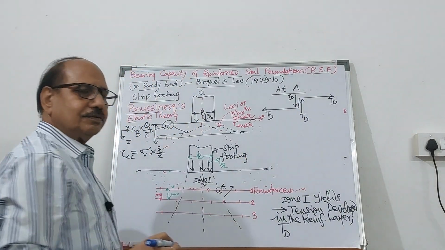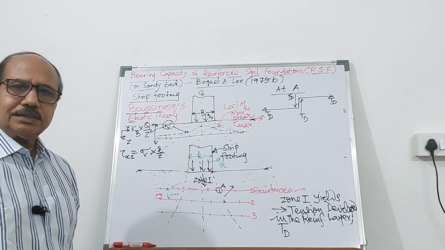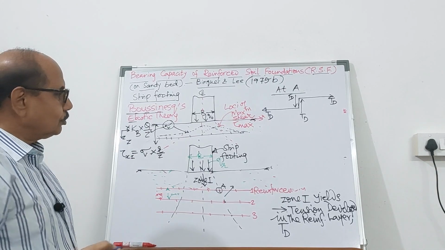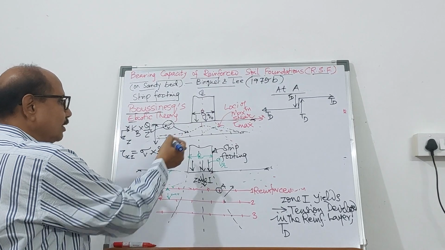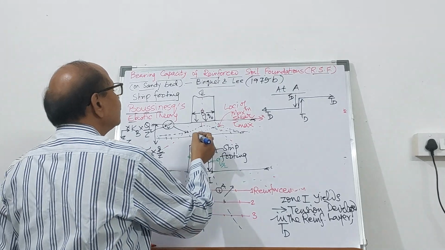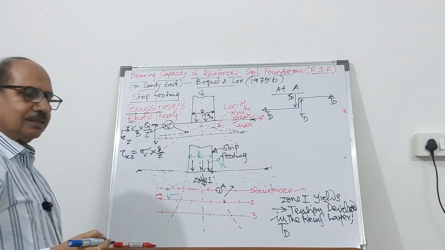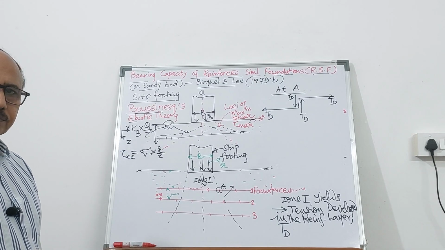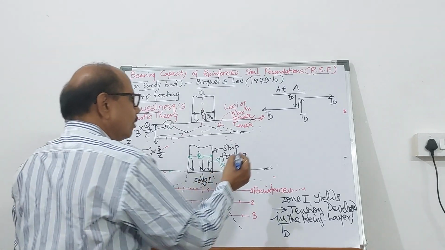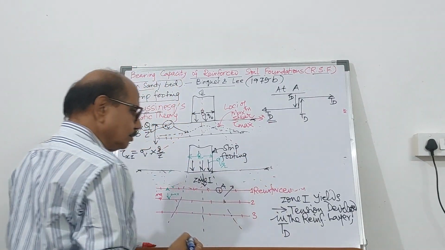These are the forces that will get developed in all the reinforcing layers, depending upon the magnitude of the vertical pressure. So the vertical pressure in this zone 1, as well as the shearing forces combined together, you can find out and quantify the tension developed.